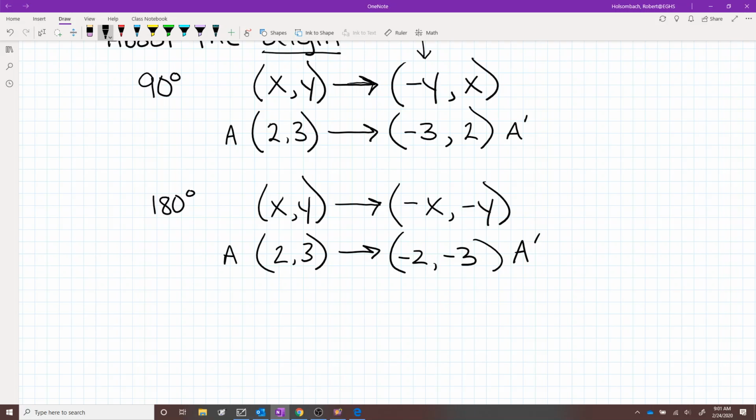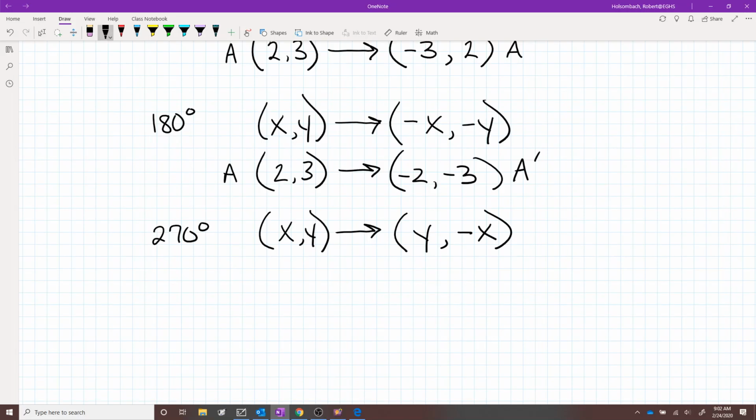And then they also give you the shortcut for a 270-degree rotation. For a 270 counterclockwise rotation about the origin, for every x, y value of the pre-image, your new x is the original y, and your new y is the opposite of the original x.